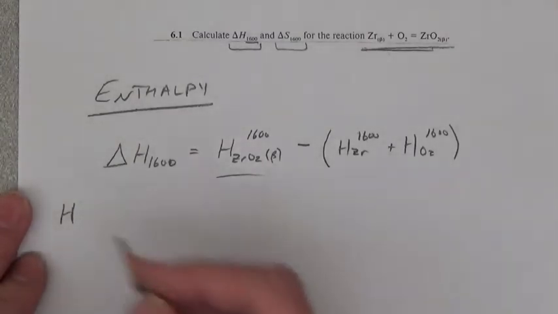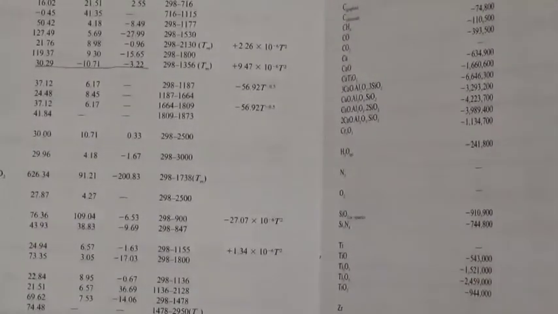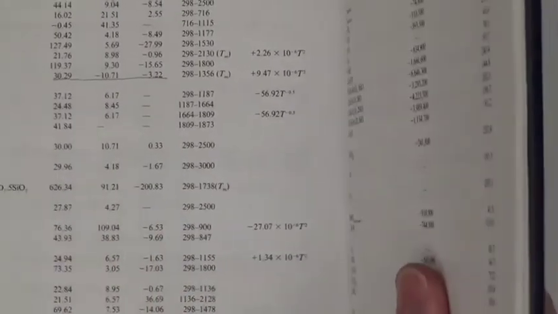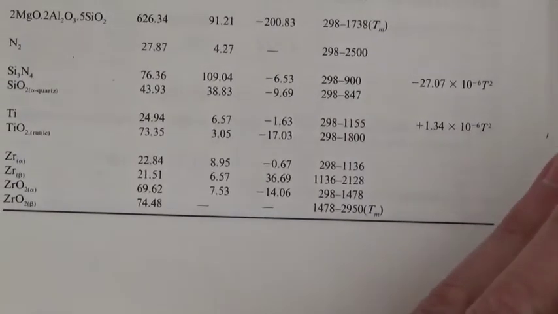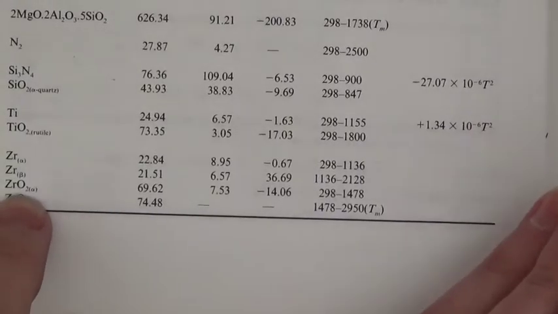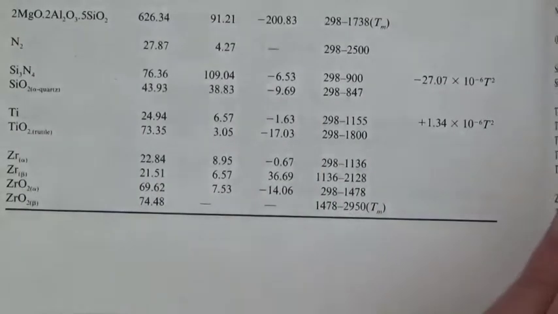And when you look in your textbook, something that you should notice is that for ZrO2, they give both an alpha and a beta phase. This is the heat capacities, and then they give the temperature range over which they're valid.